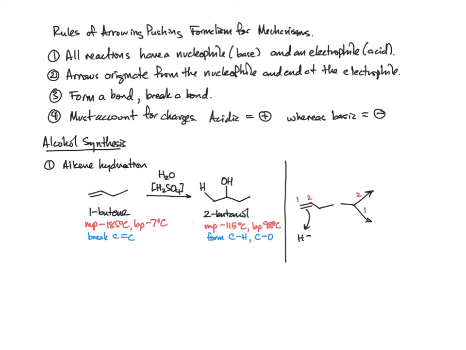We are in the presence of acid. There's H+, again, acidic medium, H+. That's provided by the sulfuric acid. We're going to go this route here. Carbon 1 is getting that hydrogen, meaning carbon 2 ends up as a carbocation.